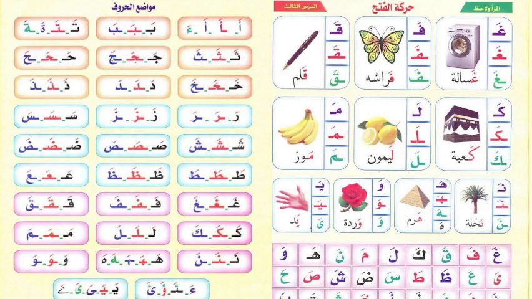Or if it comes after a letter like dal, ra, zay, dhal, letters that you cannot join to a following letter, then it is written in that way, and that is haram. Haram means a pyramid. And we have waw at the beginning, in the middle, and at the end.